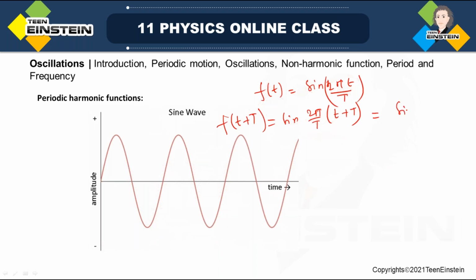See, sine 2 pi small t by capital T as it is, and this will be again 2 pi. So sine theta plus 2 pi, we have seen it will be just sine theta. So this is actually called a periodic function.